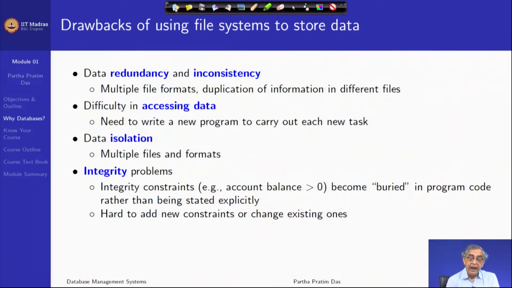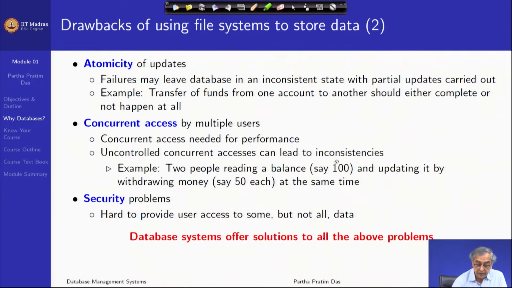So, for any action that you do, you will have to remember what this minimum balance is and the fact that this integrity has to be maintained, which is very difficult if you use files, where this condition, the fact that account balance has to be more than 0 or more than a minimum amount, will get buried somewhere deep down in the code, right. So, it is very difficult to do those kinds of things. So, with all these, it becomes quite problematic to use a file system for managing data.